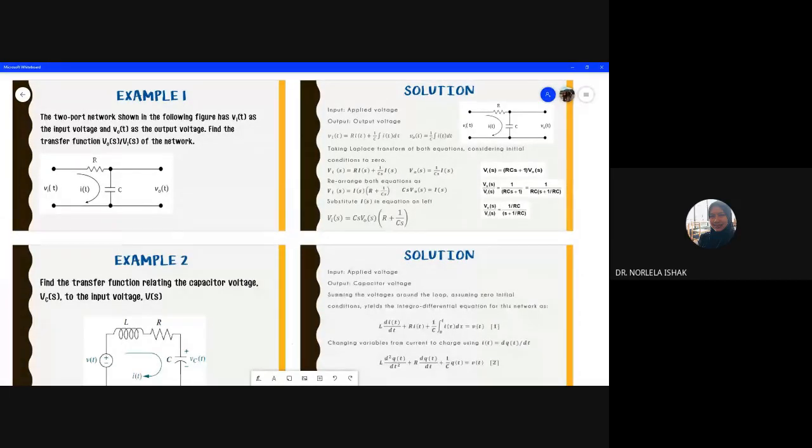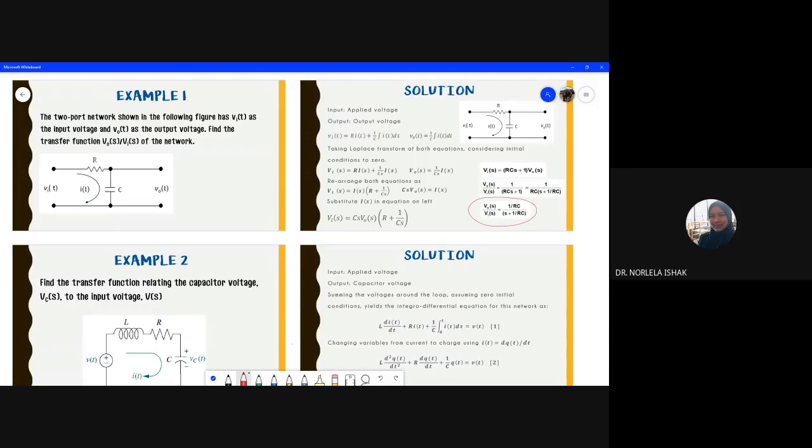Okay, so we visit back our example one. I gave you an RC circuit, and from this slide you can see how we derived the transfer function based on a mathematical equation.